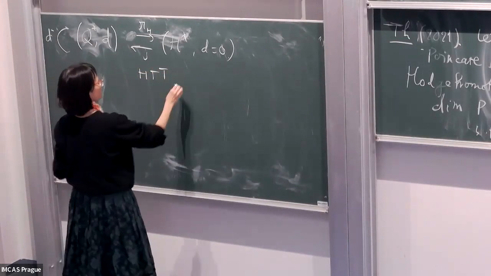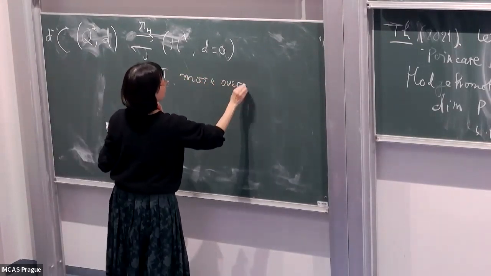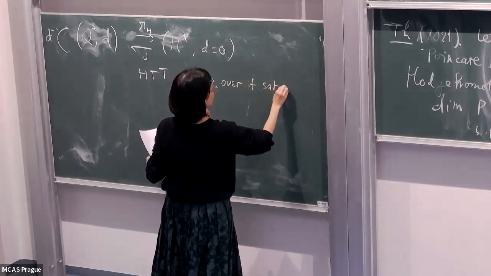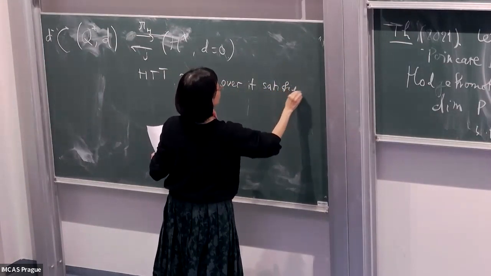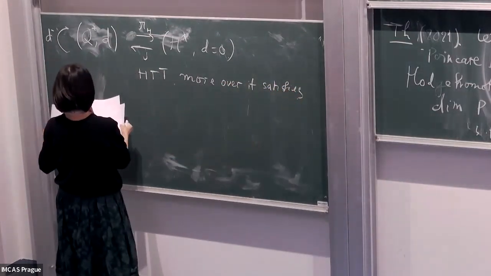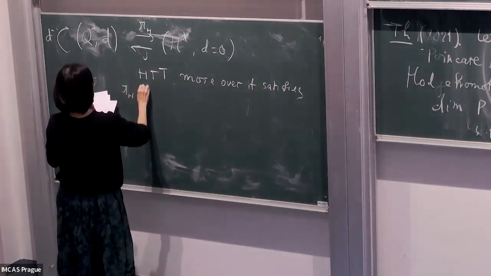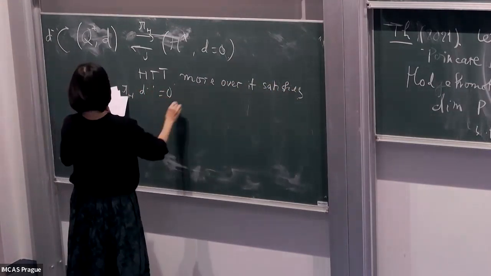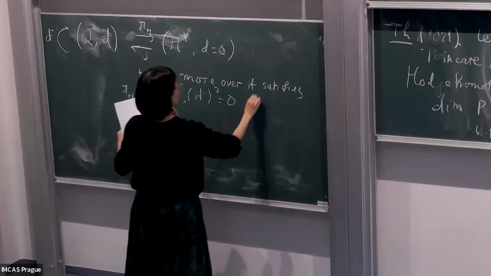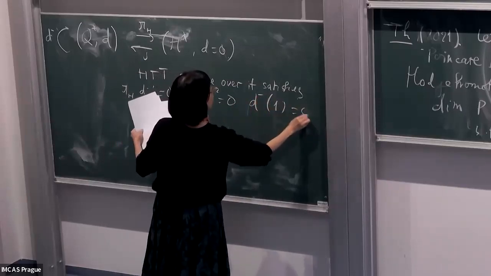And moreover, it satisfies the following conditions, which you can check easily: P H d minus 1 equals 0, d squared is 0, and d minus of 1 equals 0. Here 1 is a unit.